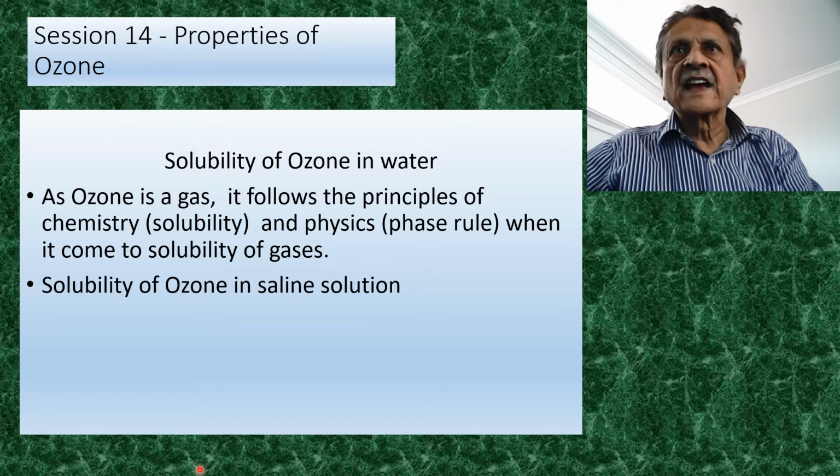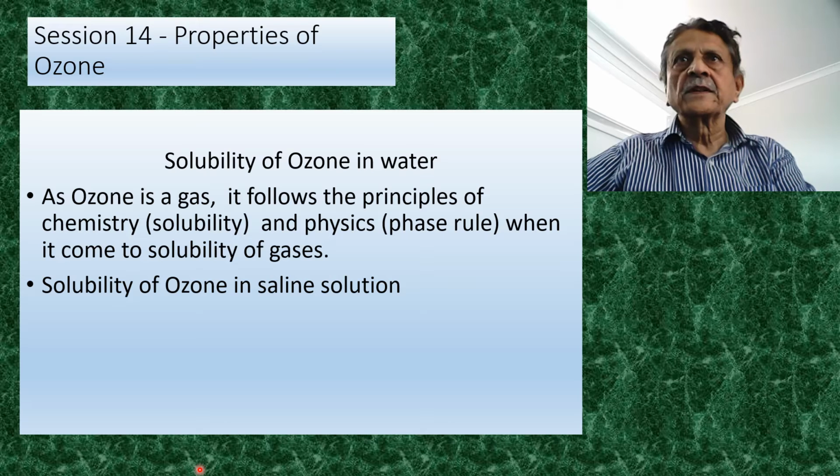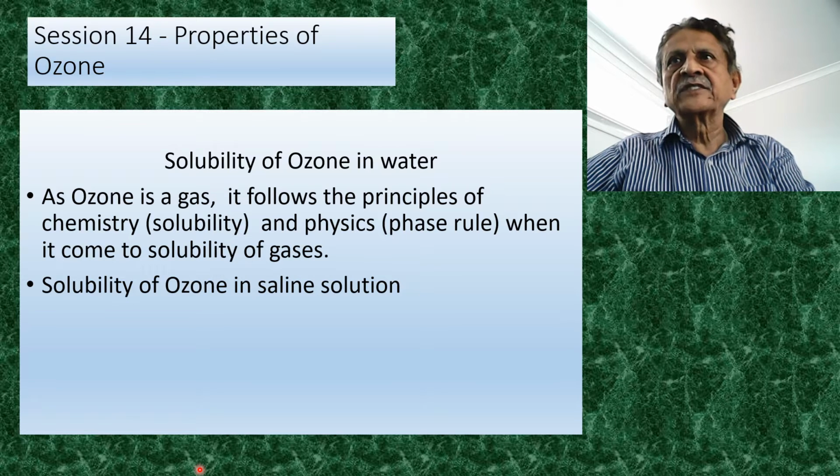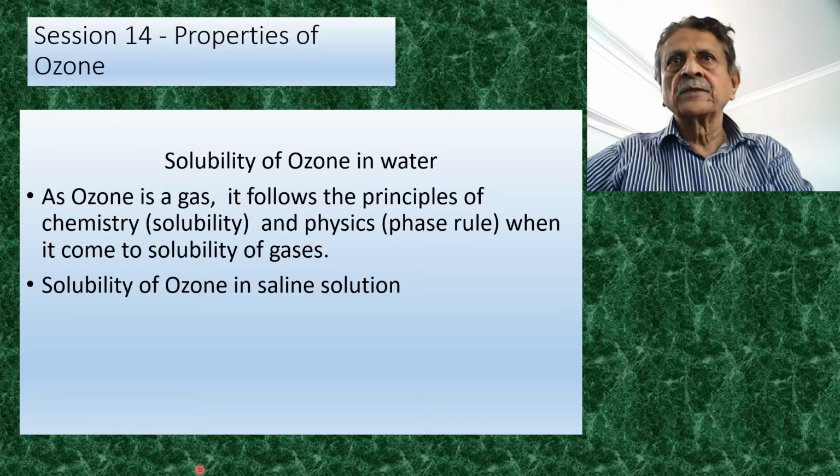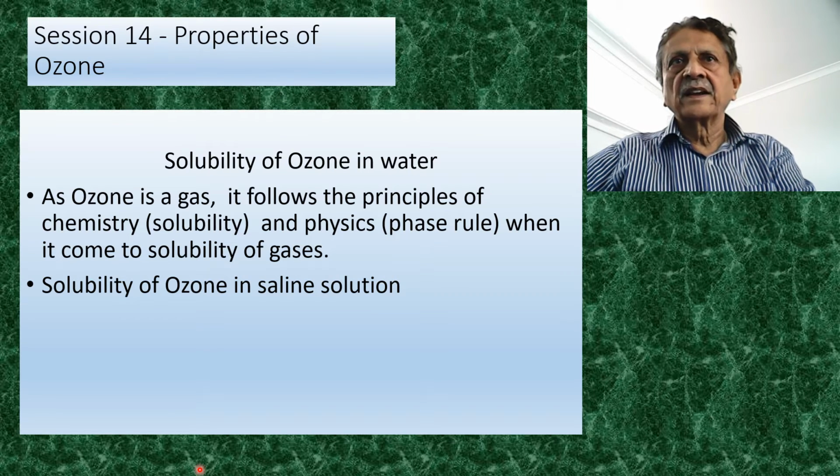As ozone is a gas, it follows the principles of chemistry with respect to solubility and the physics phase rule when it comes to solubility of gases. Solubility of ozone in the saline solution, as I did explain to you, is higher than in normal water.